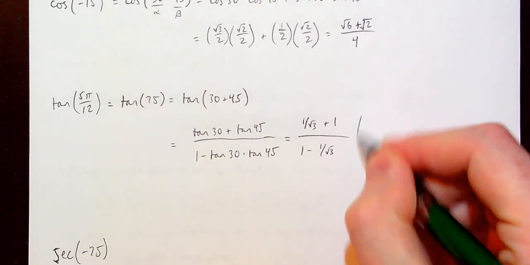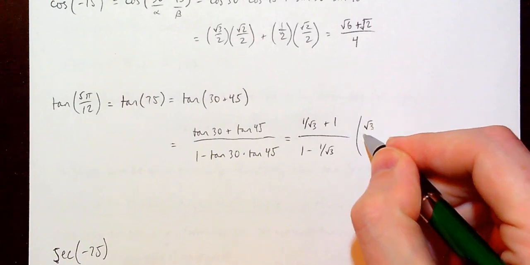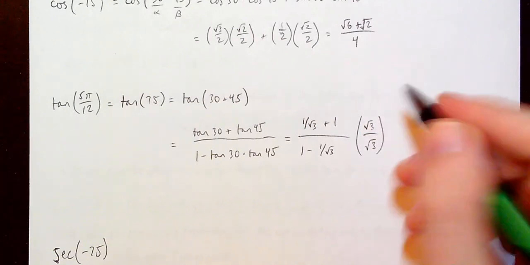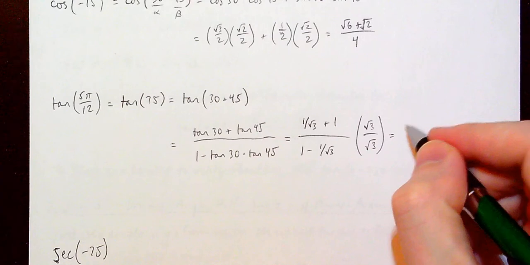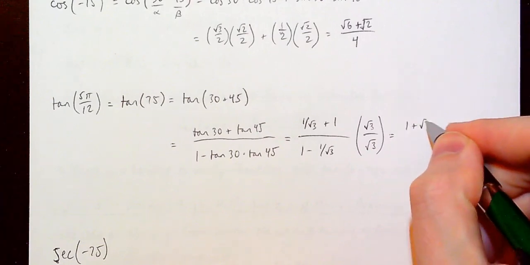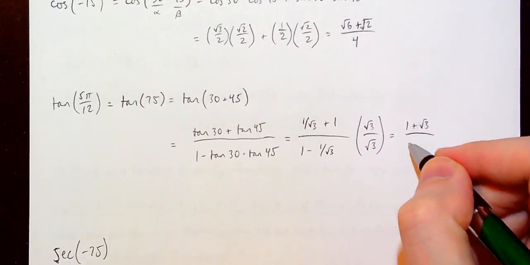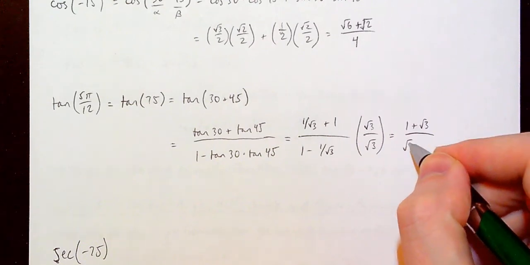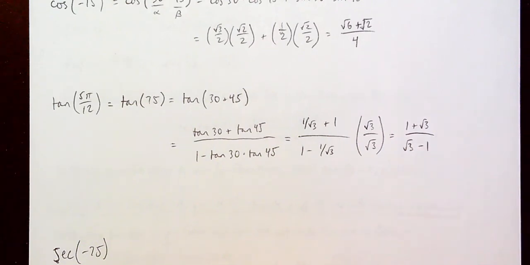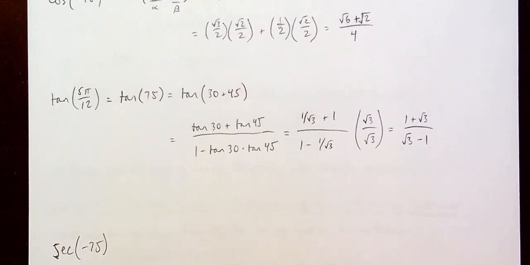So if we were to rationalize this, multiplying it on the top and bottom by the square root of 3, you get 1 plus the square root of 3 divided by the square root of 3 minus 1. So that would be our final answer in this case.